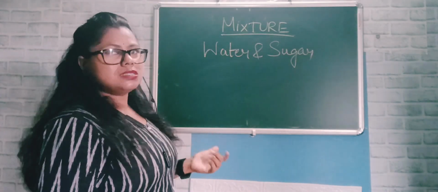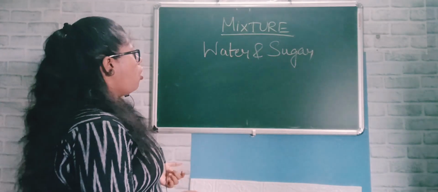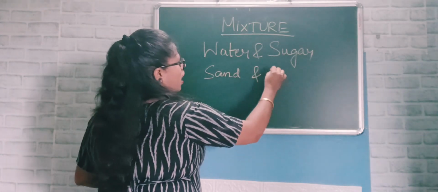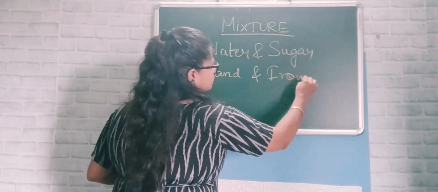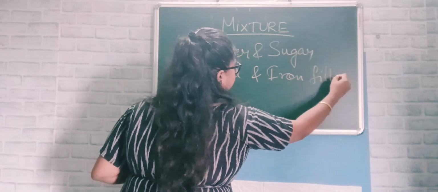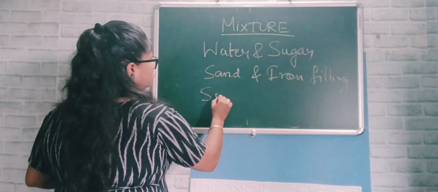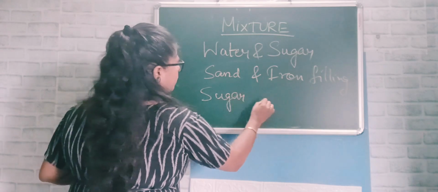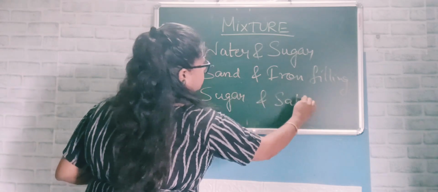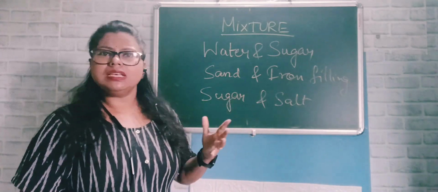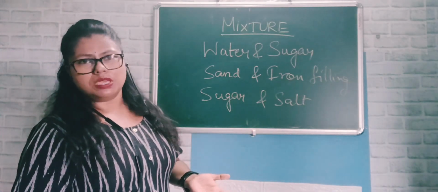Now this solution is also a type of mixture, or you can say sand and iron filings, sugar and salt. Any substances when mixed together are called a mixture.